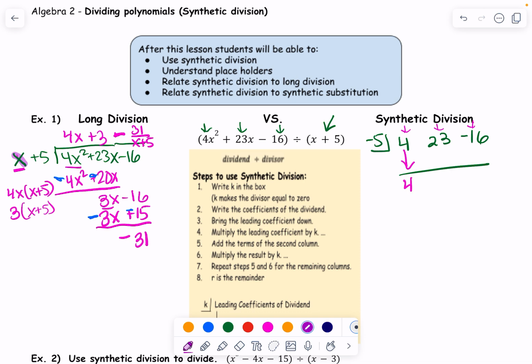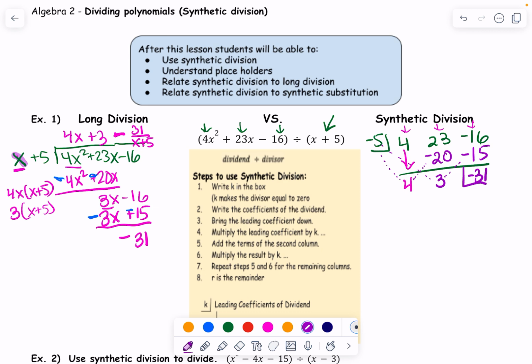And then we will multiply what's in the window towards what's under the line. So this would be negative 5 times 4, which is negative 20. And we would always add going down, which leaves us with 3. Then we would multiply negative 5 and 3 again, and we get negative 15. And then when we add going down, we got negative 31.